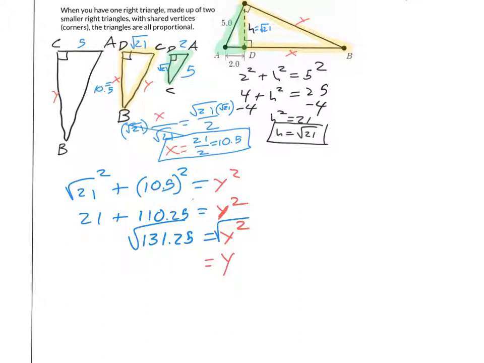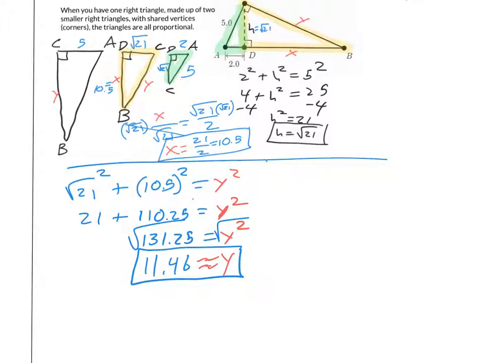But we get y equals, and you're going to have to do this in your calculator, square root of 131.25. And this is just an approximation. 11.4, and I'm going to round, 46. So 11.46.